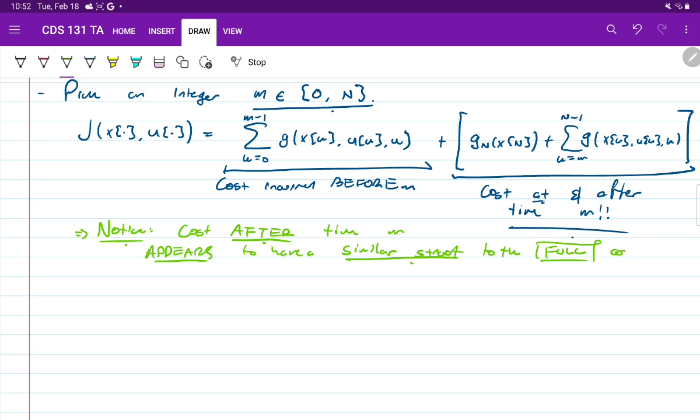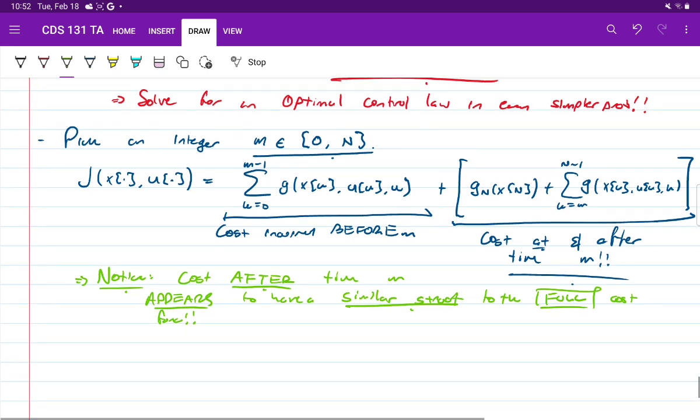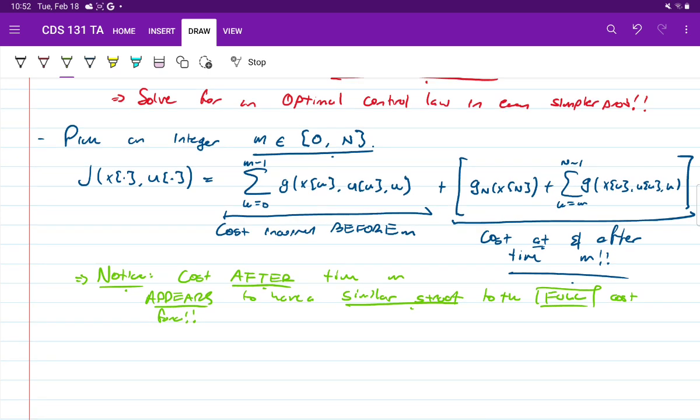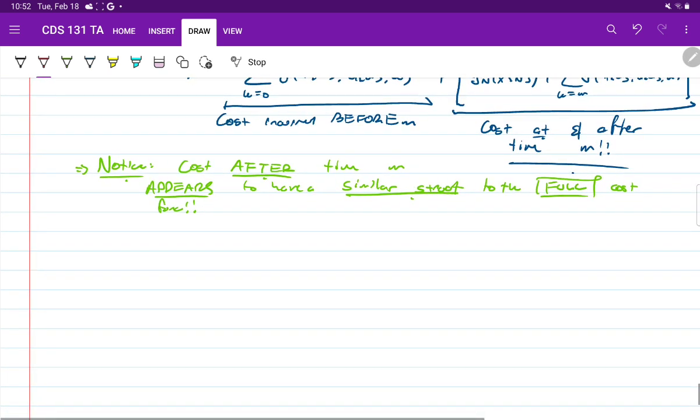We have this terminal cost term, and then we have the sum, which goes from k = m up until N minus 1. All that changes is the lower index of this sum. If we started this at 0, then we would exactly get the cost for our original problem. So this gives us a hint that if we study this cost after time m, which is a smaller, maybe easier problem to solve, maybe we can make some progress on solving our original problem.